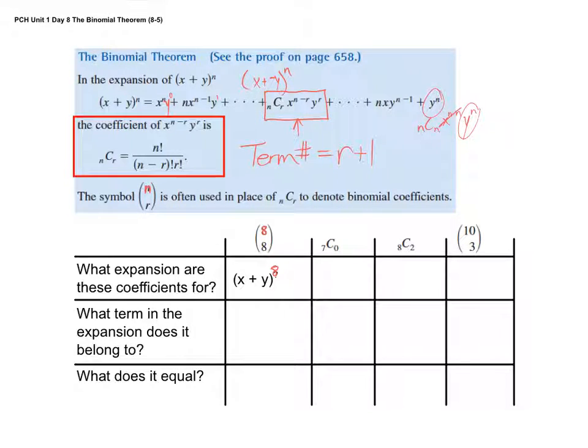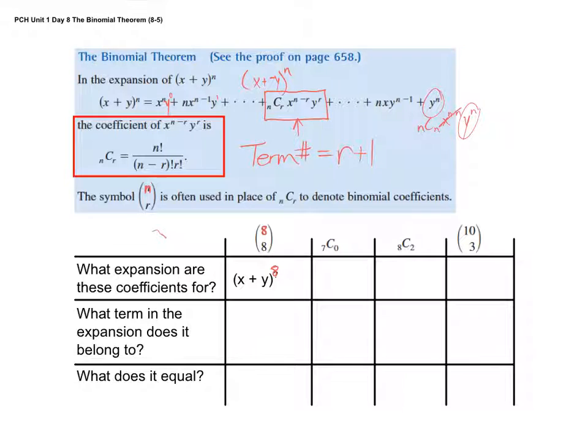Now, if I'm doing 8 choose 8, which term is that the coefficient for? The ninth. Remember, we start counting at 8 choose 0.